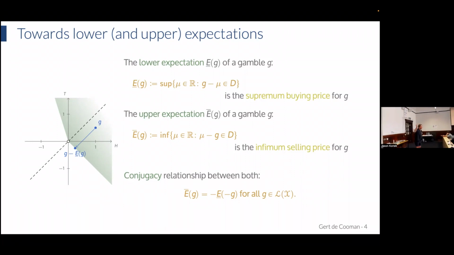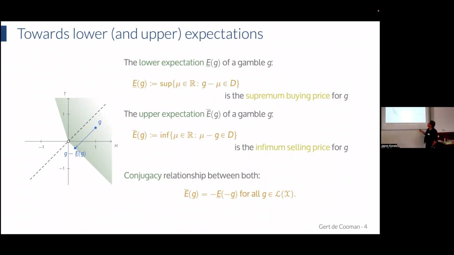And if you look at it geometrically, that is what happens. Yeah? So this is quite interesting. So the idea is that if mu increases, then I tend to eventually get out of the set of desirable gambles.